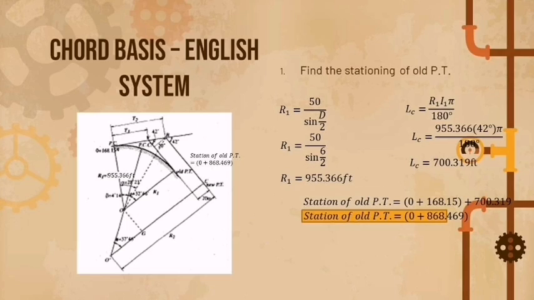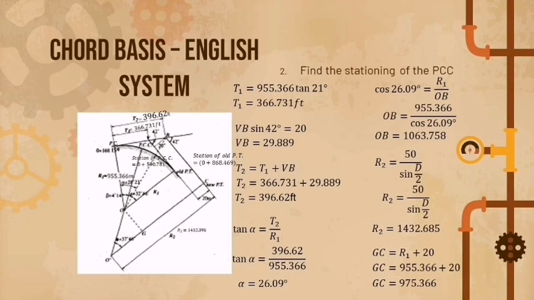And for the station of old PT is 0 plus 168.15 plus the LC, which is the 700.319, and we will get the value of station of old PT equals to 0 plus 868.469.